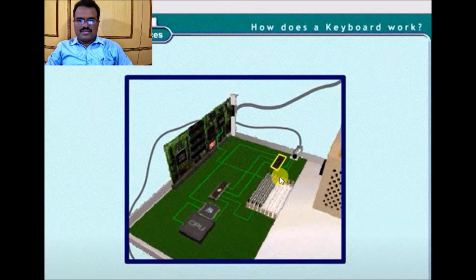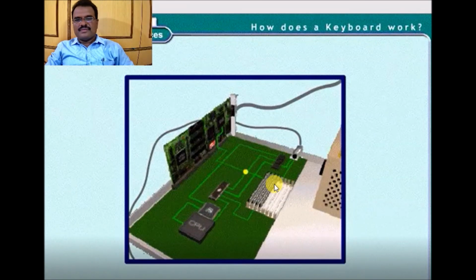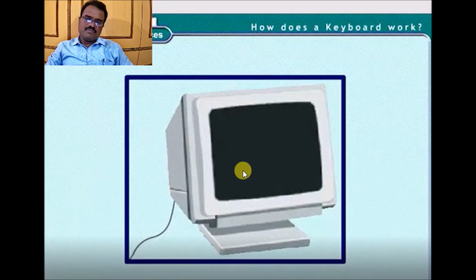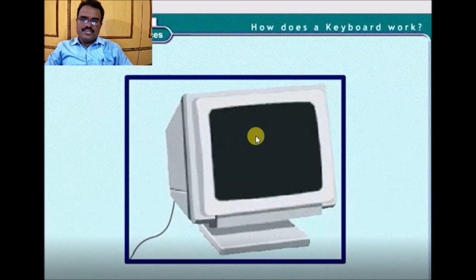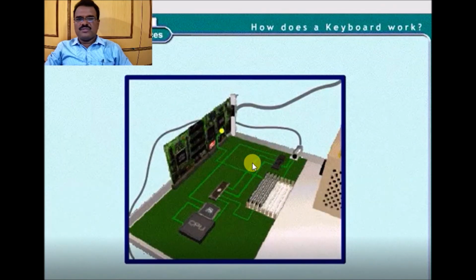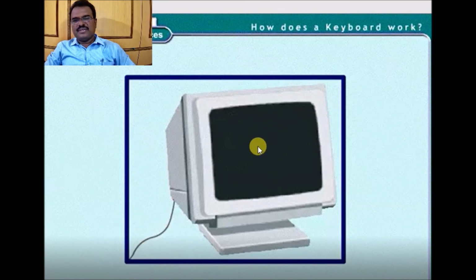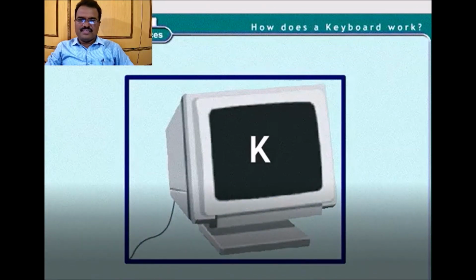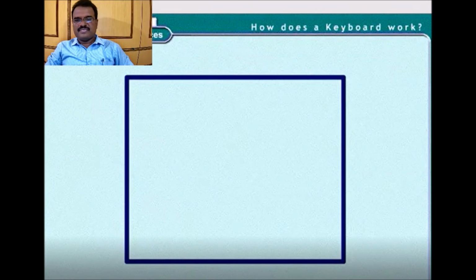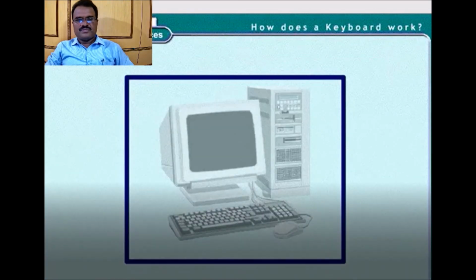After coming to the RAM, it goes through the video card, and from the video card to the monitor. Here it displays the actual key which was pressed. So this is the actual situation that occurs when we press a key on the keyboard. So thank you.